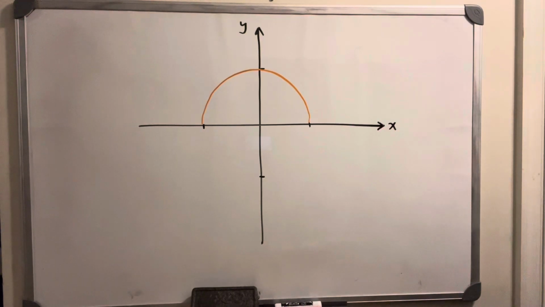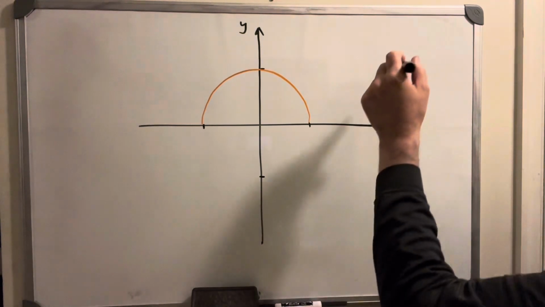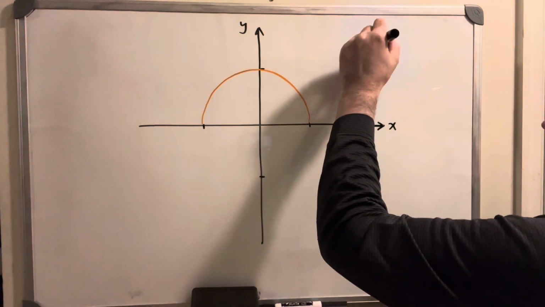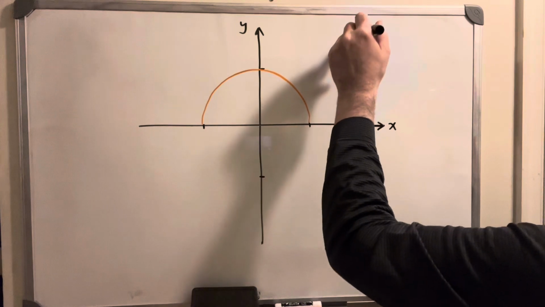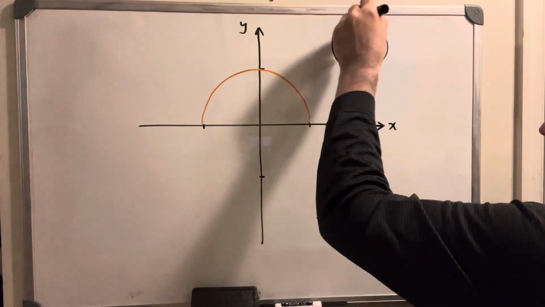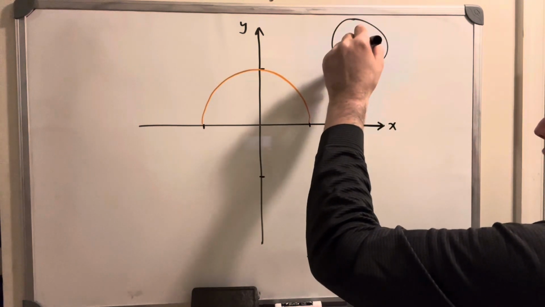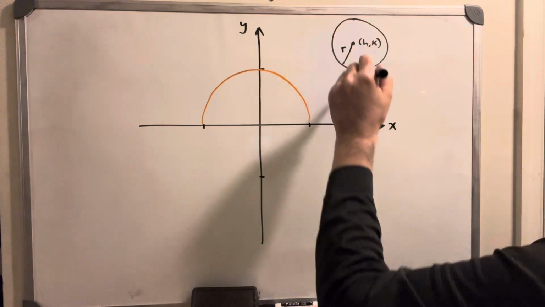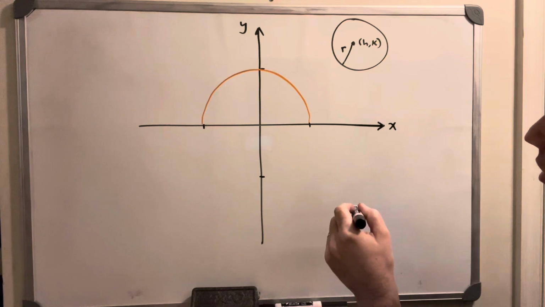Not necessarily a function, but what is the equation for a graph of a circle centered at some point hk, and all of the points on the circle are a distance r from the center?